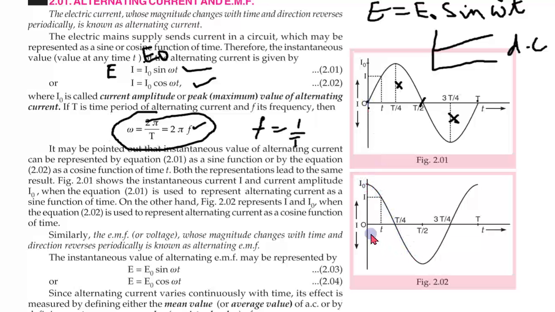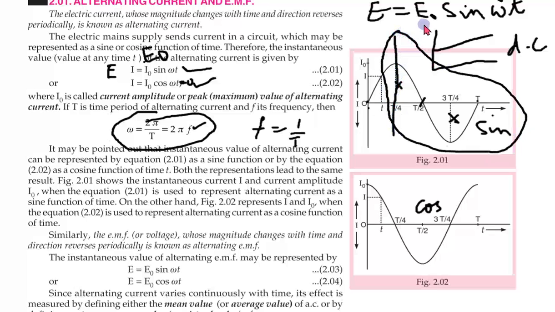That means when time is equal to 0 it starts from maximum, and cos 0 is 1, so I equals I naught, the maximum value of current. Then if I draw another straight line here, the whole of this can be considered as a sine wave.